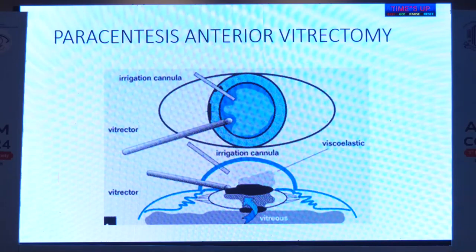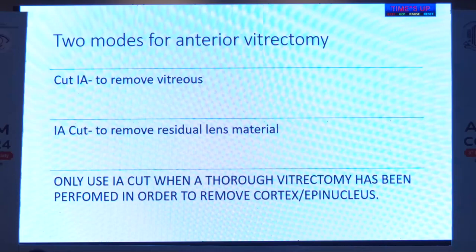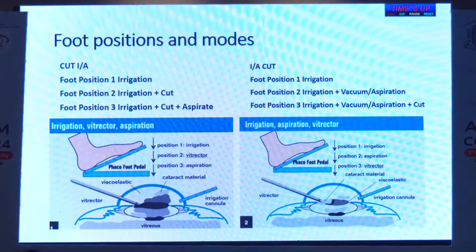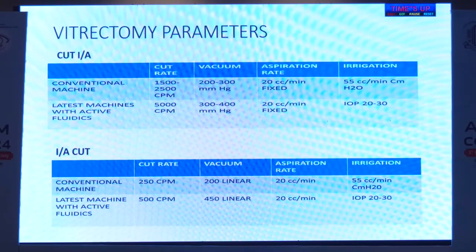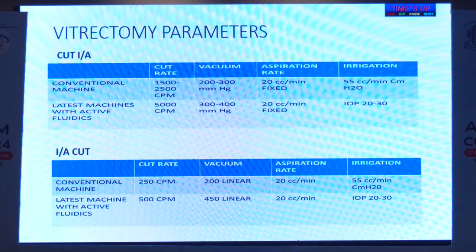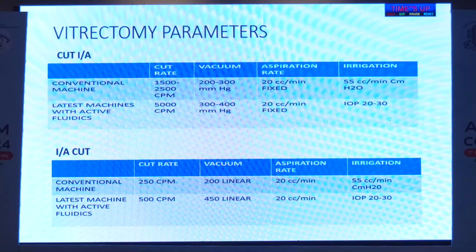Whether you go for a paracentesis anterior vitrectomy or the pars plana vitrectomy, which is more physiological, you have to do a good vitrectomy. The 2 modes are there in the phaco machines. The main one is cut IA, where at foot position 2 you have the cutting. When we are doing the cut IA, we have to give the maximum cut rate there is for your machine.